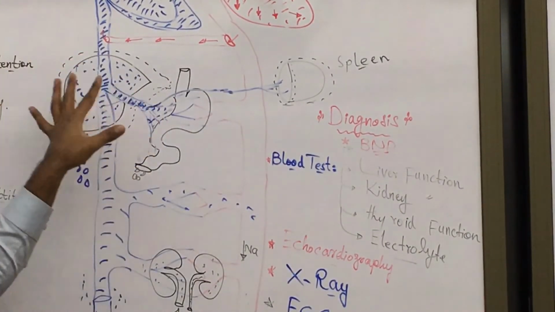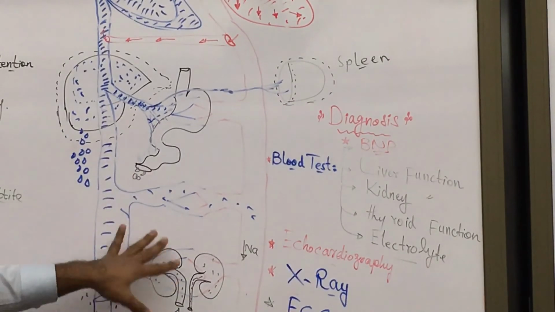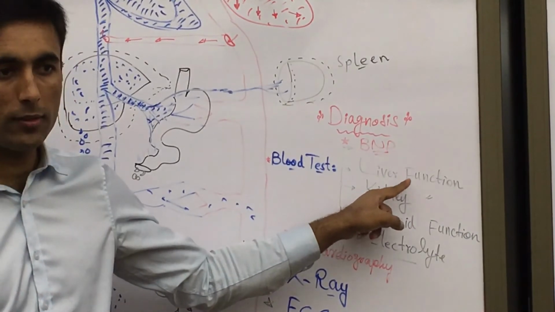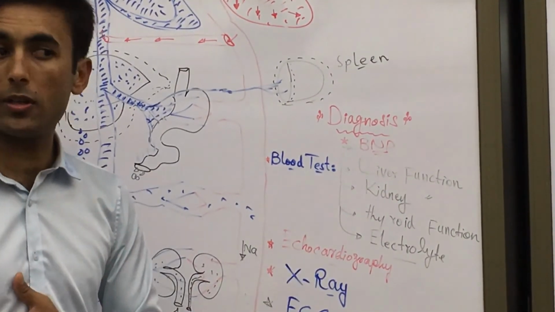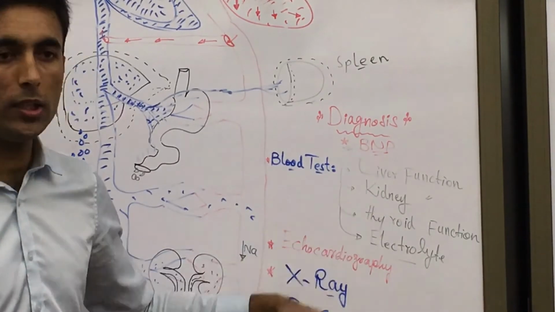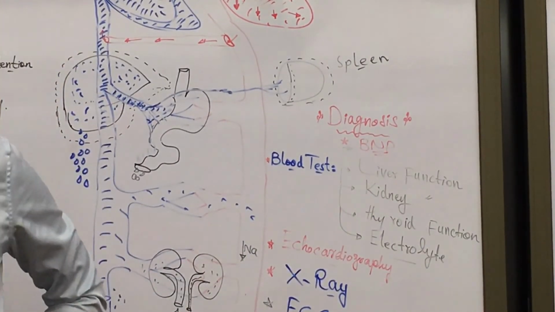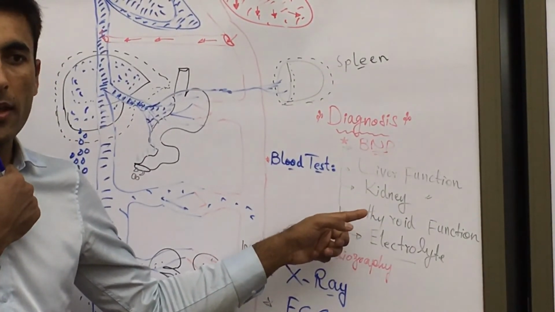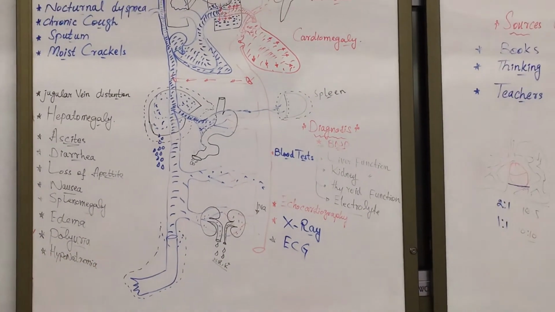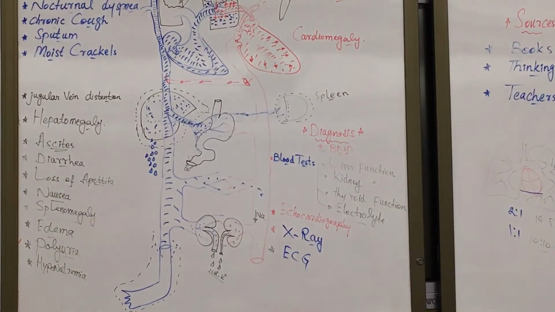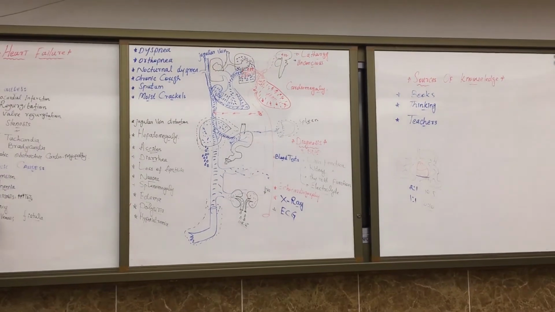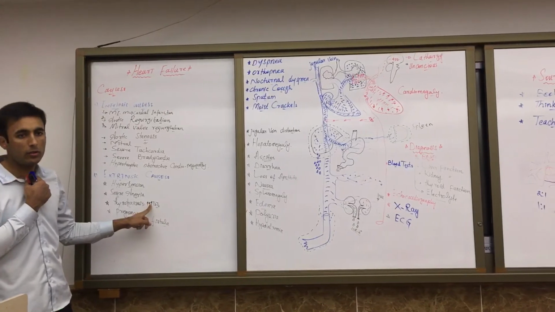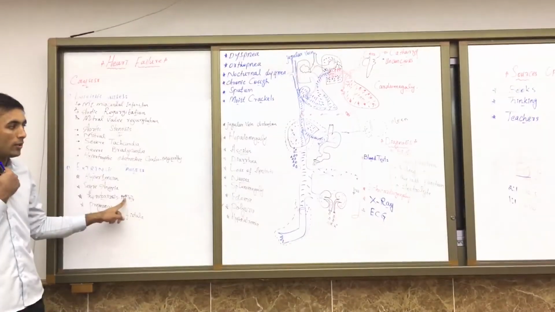On the top, because all these structures are being affected, especially the kidney, the GIT and the liver, we can give the liver function test to check whether the liver function is normal or not. We can also check the kidney function, and the thyroid function, because yesterday we studied that one of the extrinsic causes of heart failure is thyrotoxicosis, meaning high levels of T3 and T4.